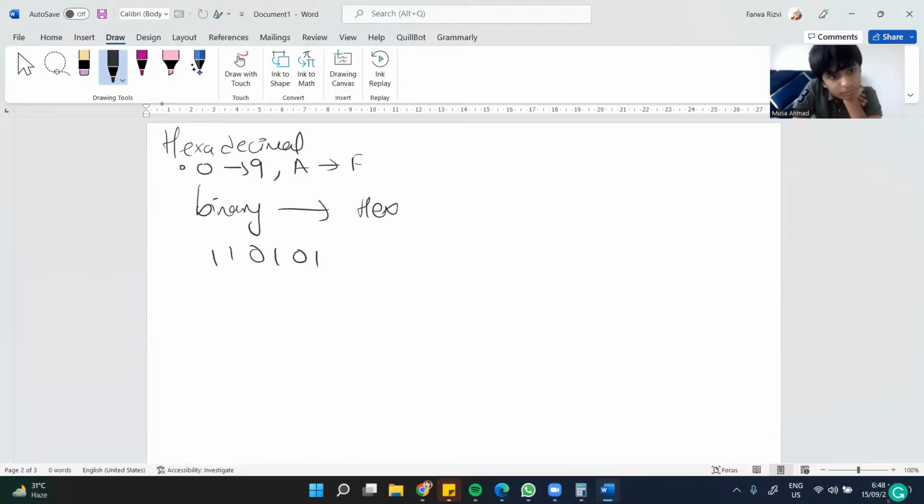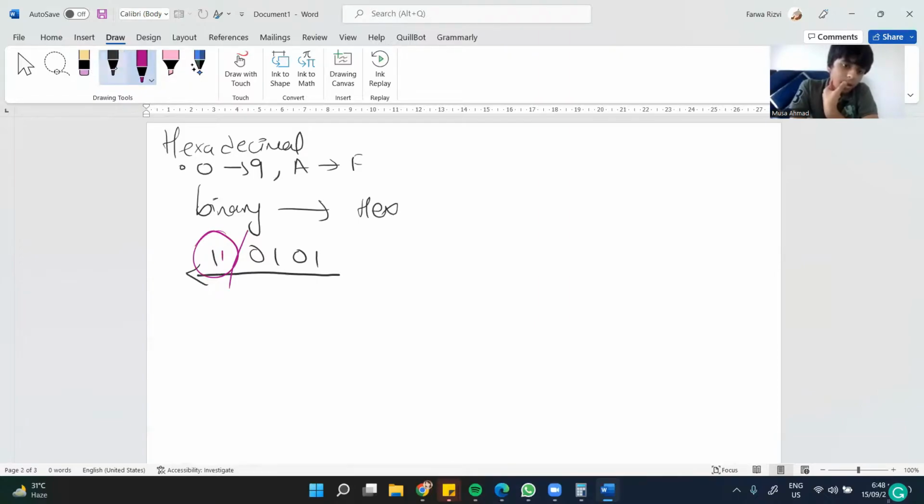I'm going to look from the right to the left again, as I would with binary, and then split this binary number into groups of 4. So this is my first number, and then 2, 3, 4, and then I'm going to break it off here. So I have one group of 4, and then this place has only 2 in it, right? So that means it's not a group of 4.